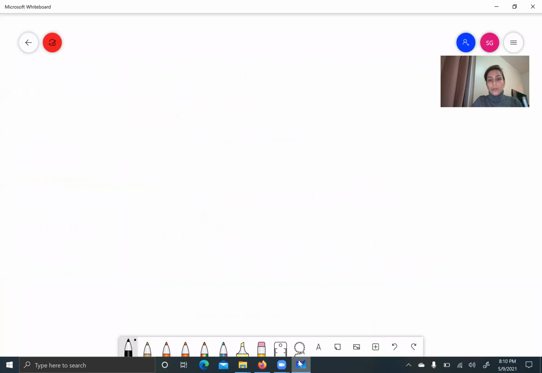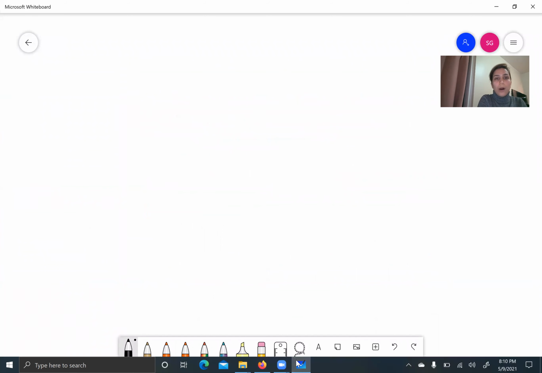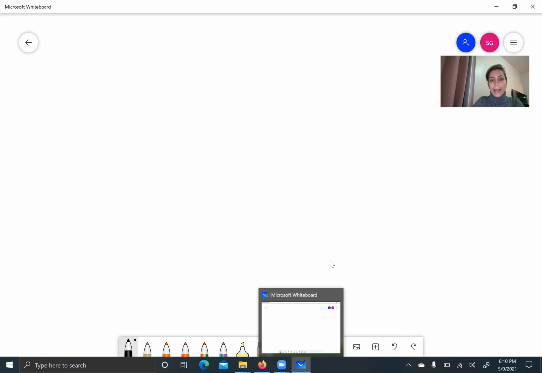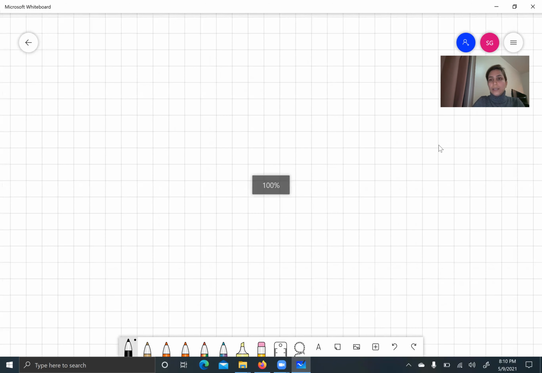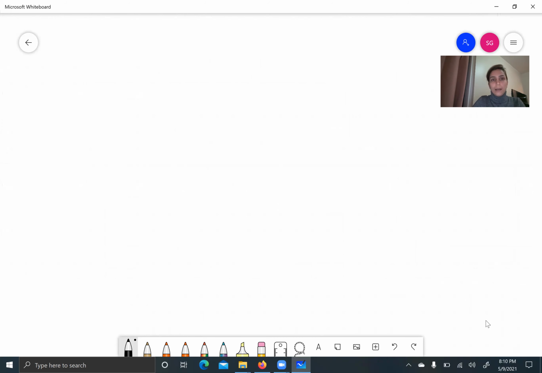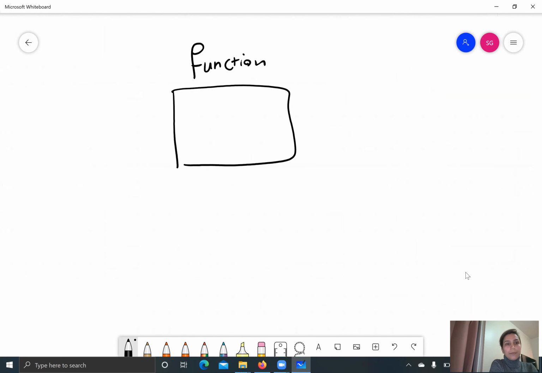So, look, this is the formal definition. I want to give you an informal way of looking at absolute extreme values, so that you have an understanding of what this is without notation. So suppose you have a function, and it takes values from the domain.